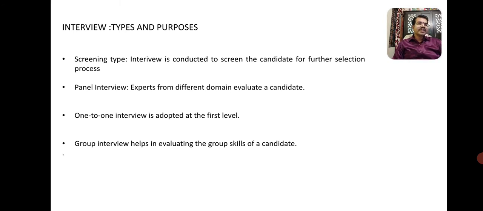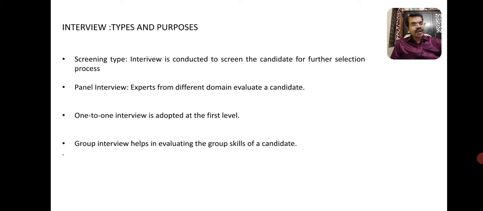And going further, we have something called the panel interview. What is this panel interview? It is also called a committee level interview, a committee interview, or a panel interview. What is the purpose of having a panel interview?